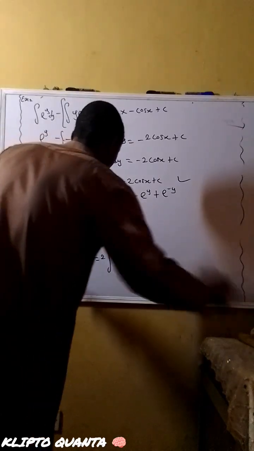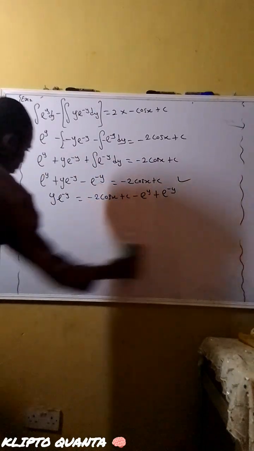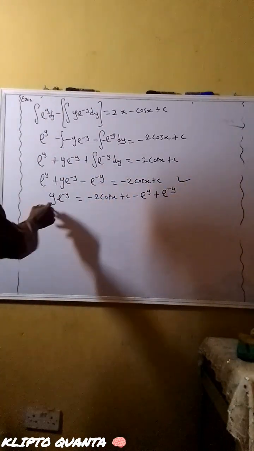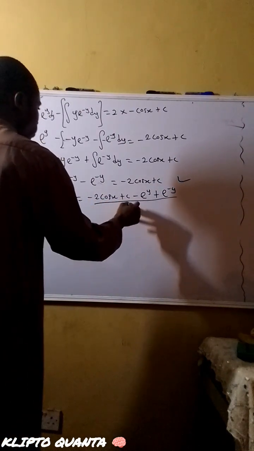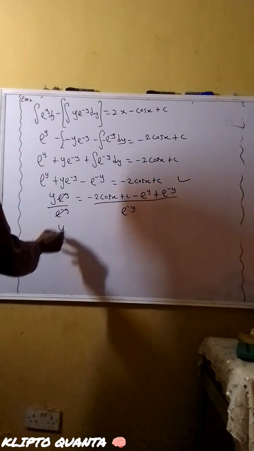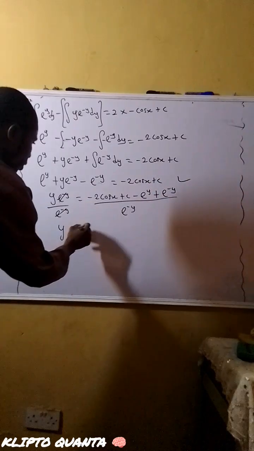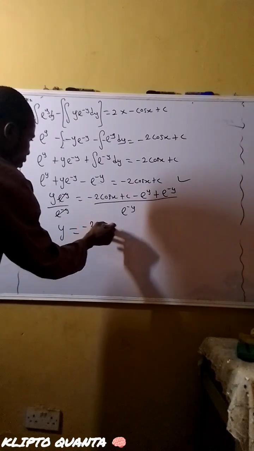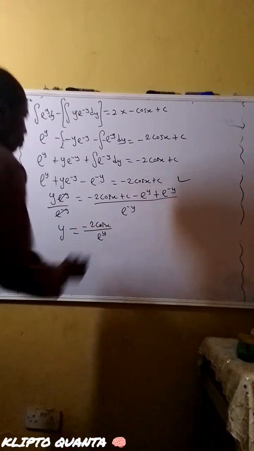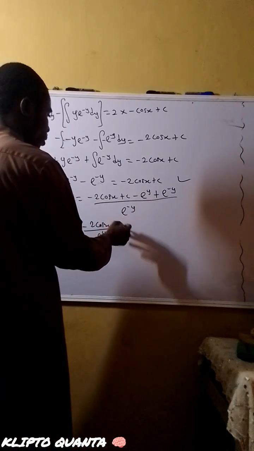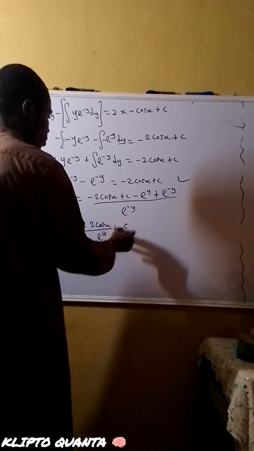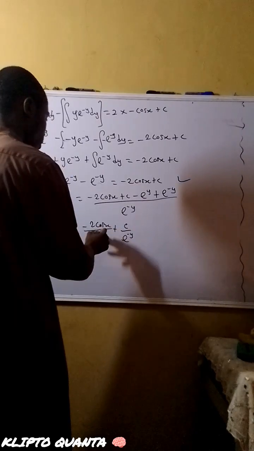So if I want to make this side look like only y, at this point I could say divide both sides by e raised to power negative y. So I have this. My y would be equal to negative 2 cos x over e raised to power negative y. So this will still give me plus the constant c over e raised to power negative y.